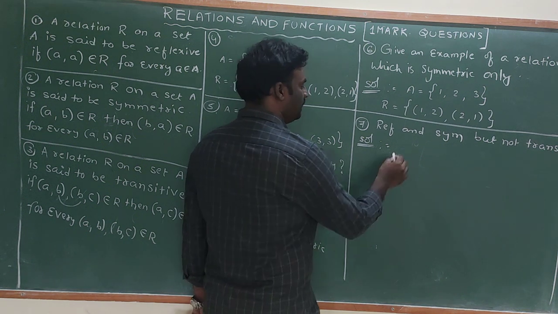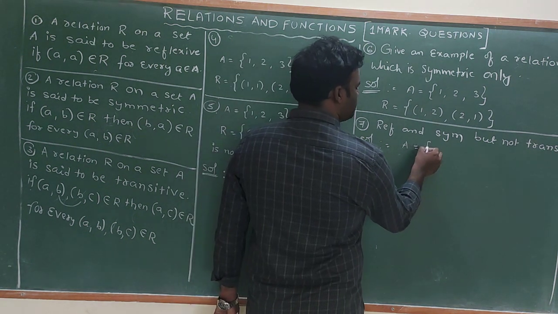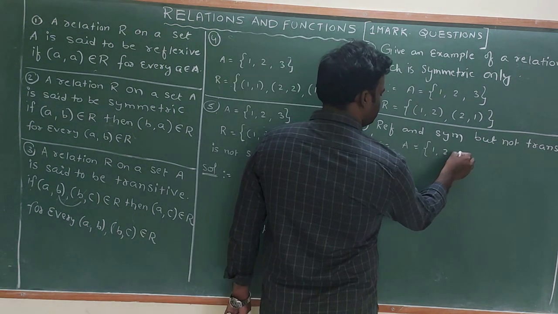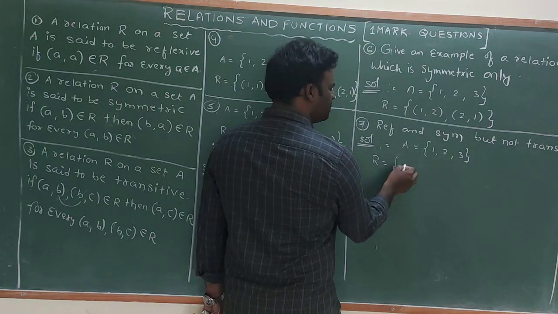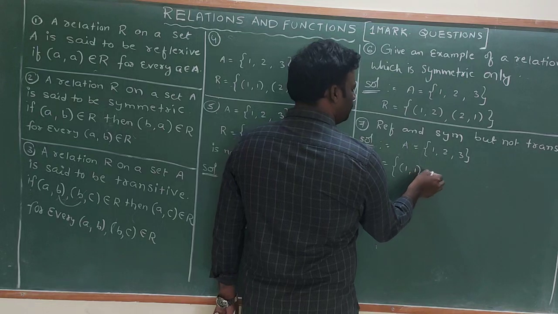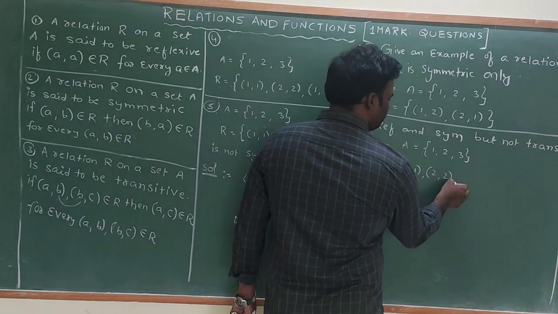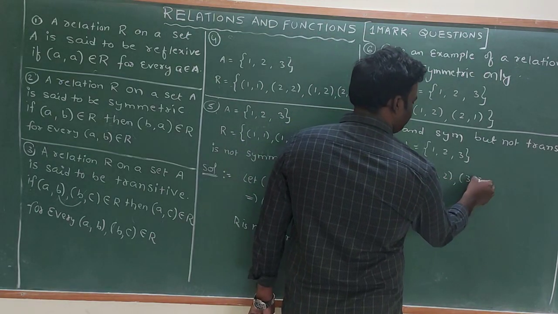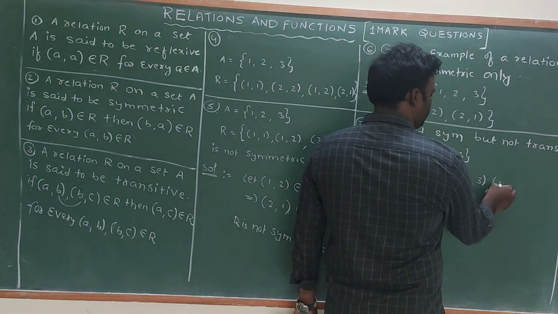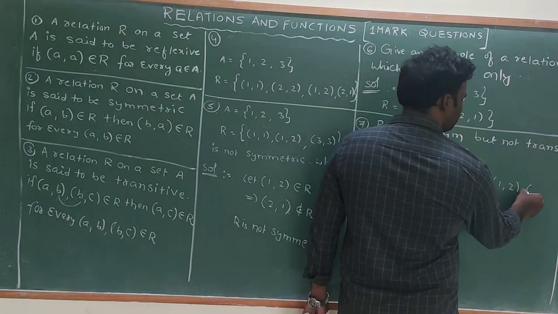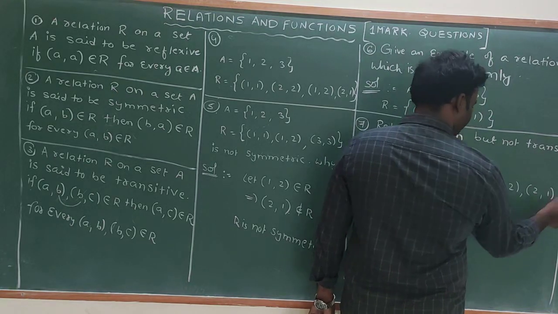Okay, listen. I am taking set A equals to 1, 2, 3. And the relation is reflexive, so 1, 1 should be there, 2, 2 should be there, 3, 3 should be there. Next, symmetric. If you take 1, 2, then the reverse is 2, 1.